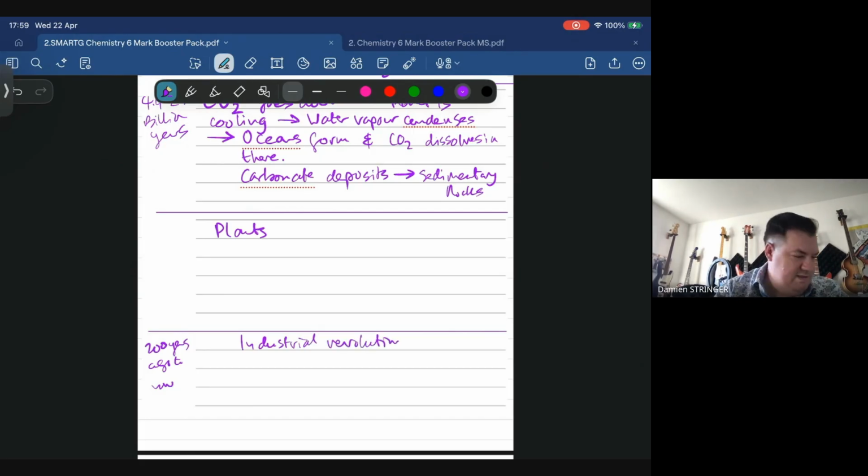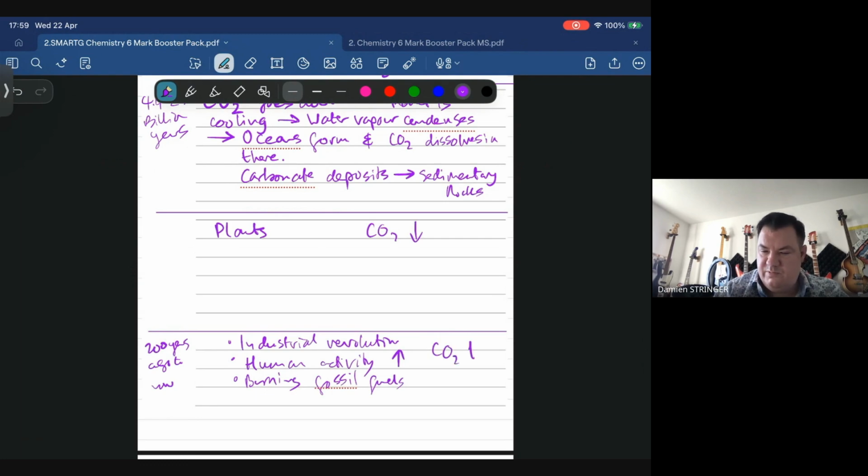We've got increase in population, so we get more human activity, don't we? And then we've also got the burning of fossil fuels. I've missed out the plants bit because most people tend to know what that did. Plants make CO2 go down, don't they? These are all making CO2 go up.